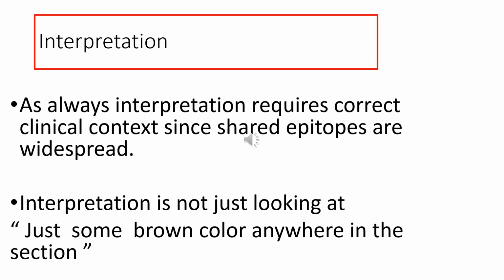So interpretation requires not only the correct scenario, since shared epitopes are so widespread, clinical information is extremely important. So interpretation is just not looking at some brown color anywhere in the section. It is much more complex.